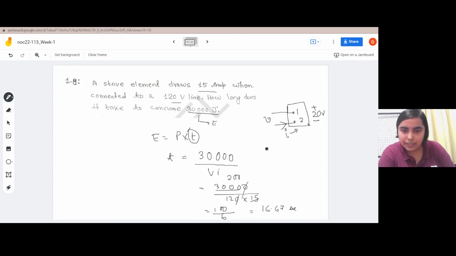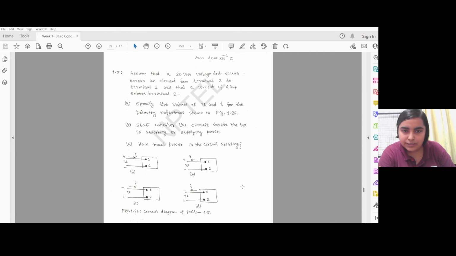So depending on how it is drawn in this circuit, you have to calculate V and I. For the first case, the voltage drop here is 20 volts, so this V will be 20. I is in the reverse direction. Ideally it should enter through 2, come out through 1, but here current is entering through 1, so I is minus 4 ampere. Ma'am, but the drop is given from terminal 2 to terminal 1, right?